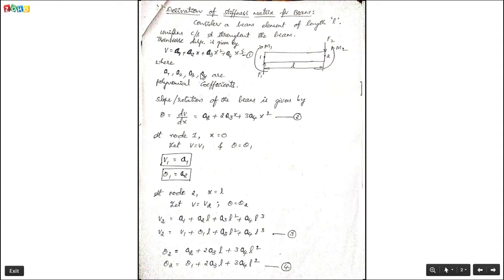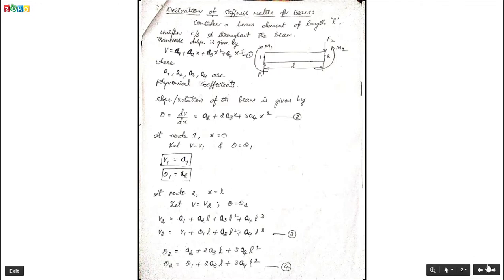Substituting in the polynomial equation, v2 equals a1 plus a2 L plus a3 L square plus a4 L cube. Since a1 is v1 and a2 is theta 1, we keep a3 L square plus a4 L cube. Now the slope theta 2, substituting L for x, equals a2 plus 2 a3 L plus 3 a4 L square, where a2 is theta 1.